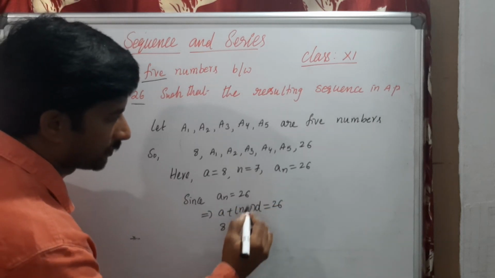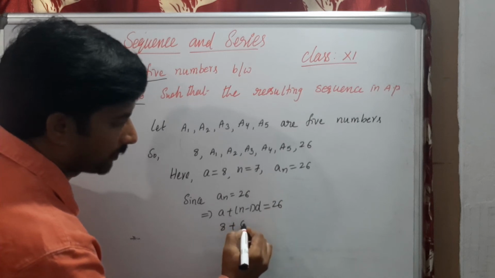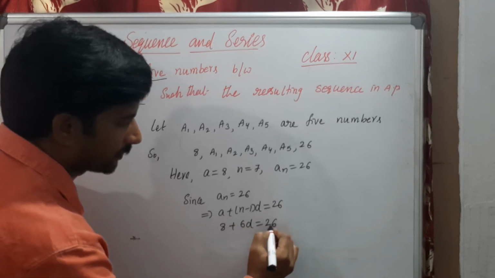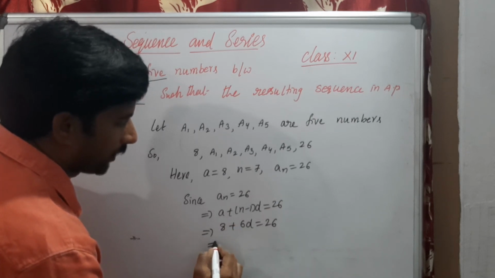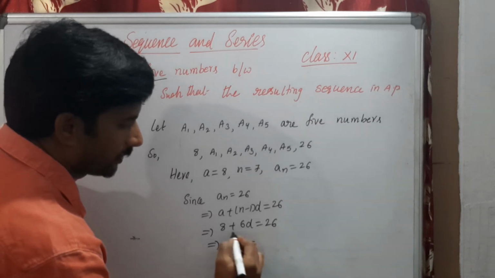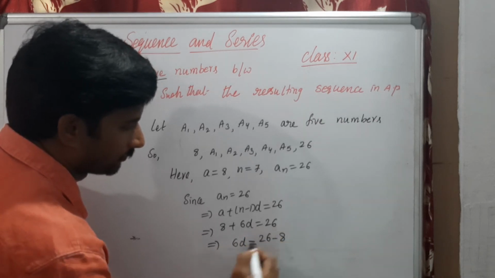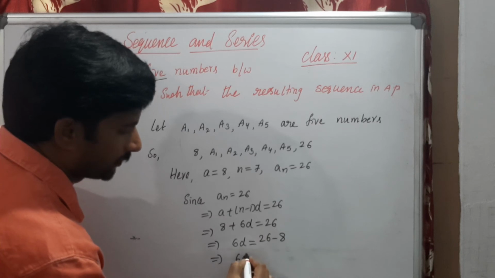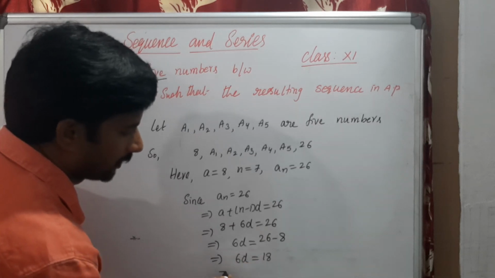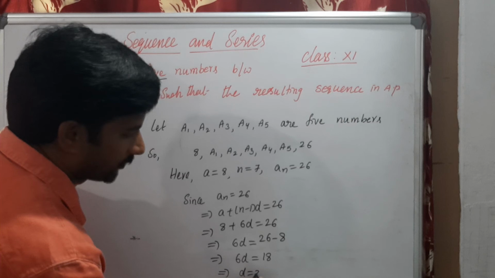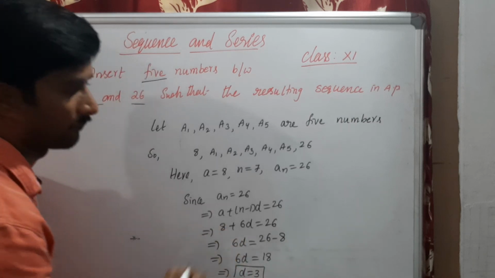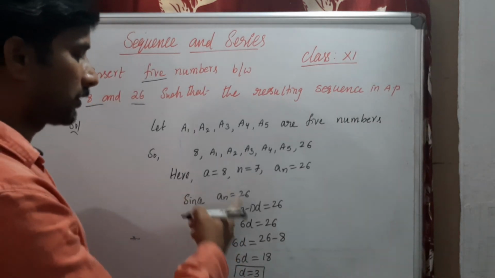The a value is 8, the n value is 7, 7 minus 1 is 6, into d is equal to 26. This implies 6 into d is equal to 26 minus 8, so 6 into d is equal to 18. Then d is equal to 3. So we have a value 8 and d value 3.